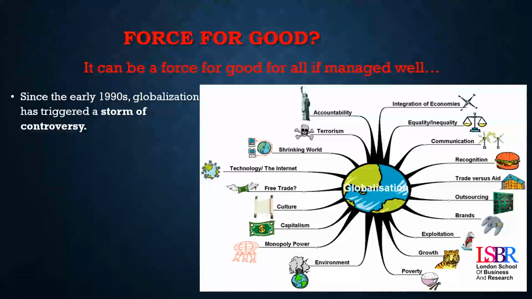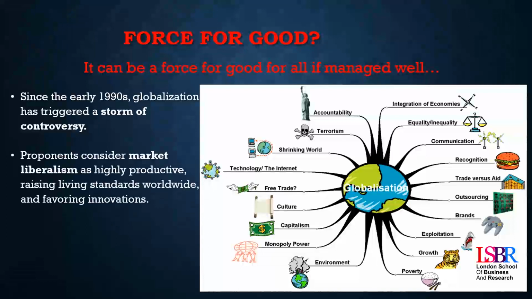So again, since the early 1990s, globalization has triggered a storm of controversy. Proponents consider market liberalization as being highly productive, raising living standards. So people that are for globalization believe that's a good thing. It can make companies more productive, it can raise living standards, and it encourages innovation across the globe.